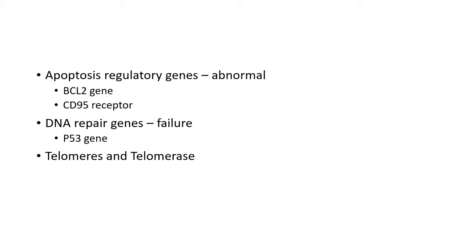This telomerase is normally active in stem cells, but it is not active in somatic cells. The upregulation of this telomerase enzyme, which usually happens in malignancies, maintains the length of the telomere and helps the cancerous cell to avoid aging.